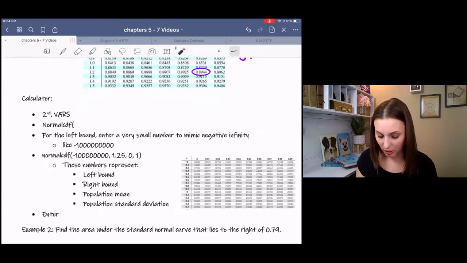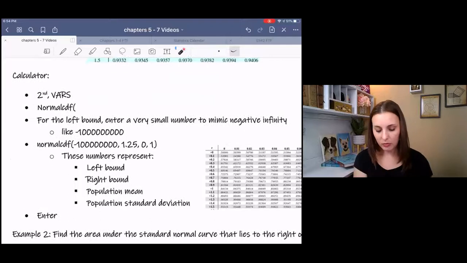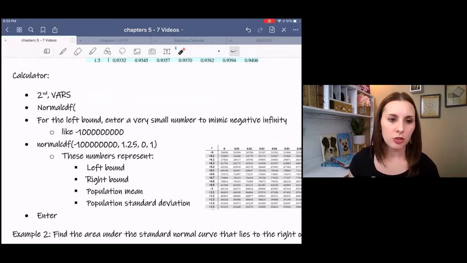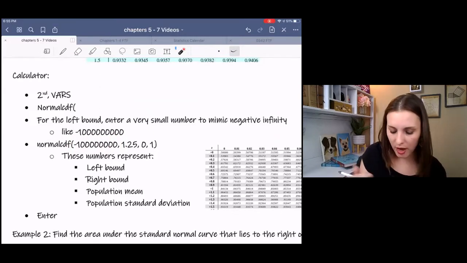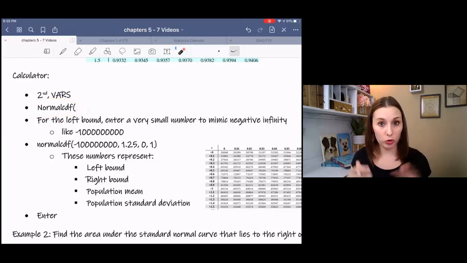You can also use your calculator, which is nice. Depending on your calculator, this is a TI-84. If you have a TI Nspire, it's a little different. You can use negative infinity here instead. But basically what you're doing is to find the area, we use what's called normal CDF, a normal curve.